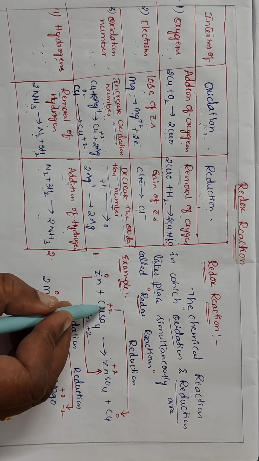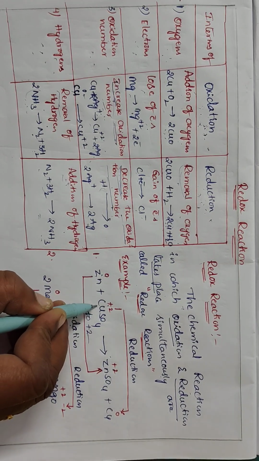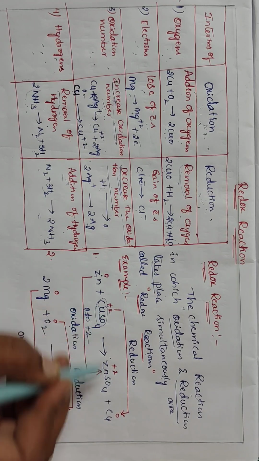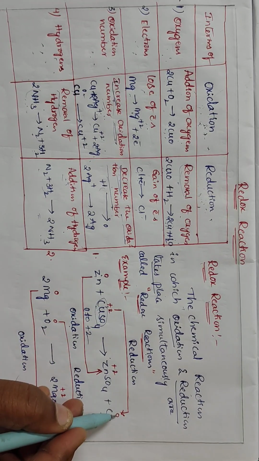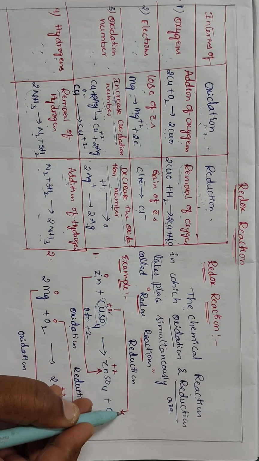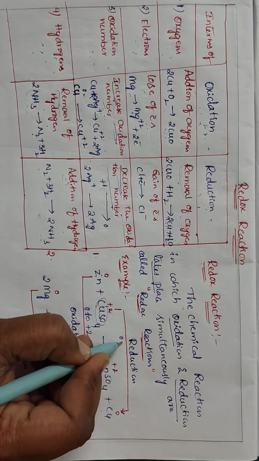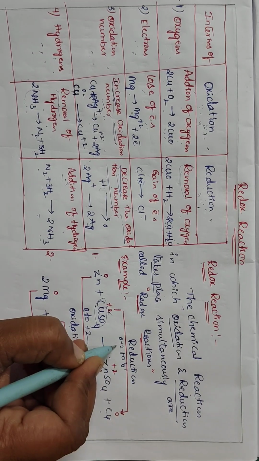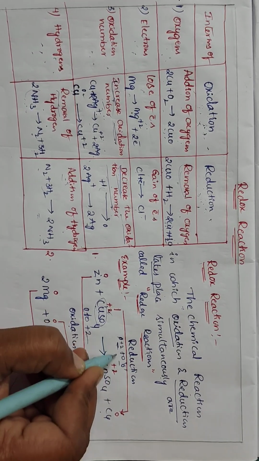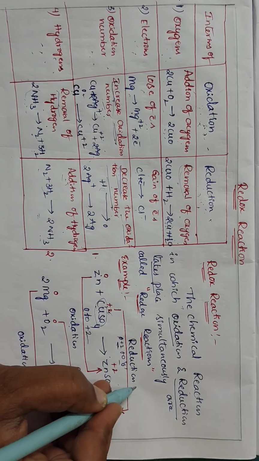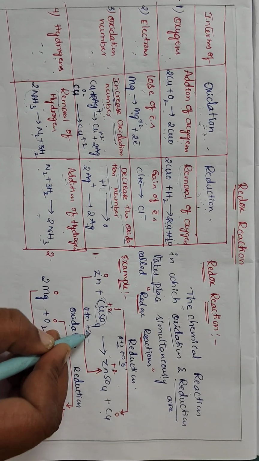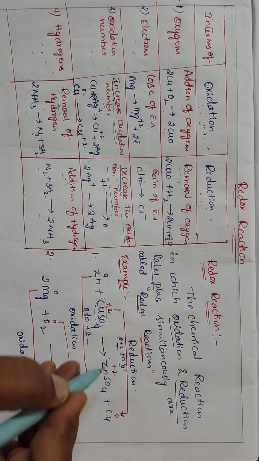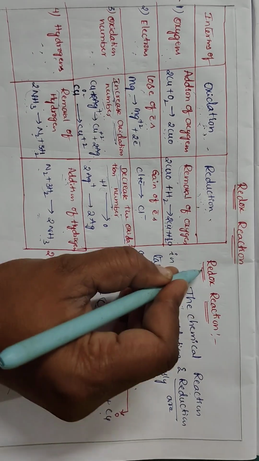Whereas here, the oxidation number of Cu in this compound is +2, and here in the elementary state copper has 0. So +2 to 0. Decrease in the oxidation number is called reduction. So in this reaction, oxidation and reduction take place simultaneously. Such types of reactions are called redox reactions.